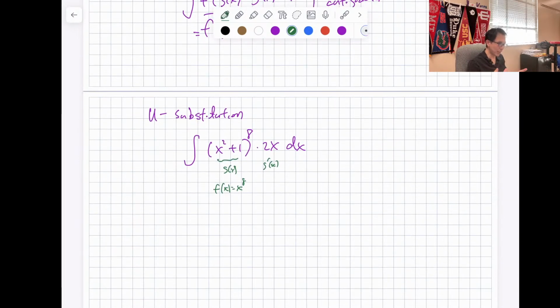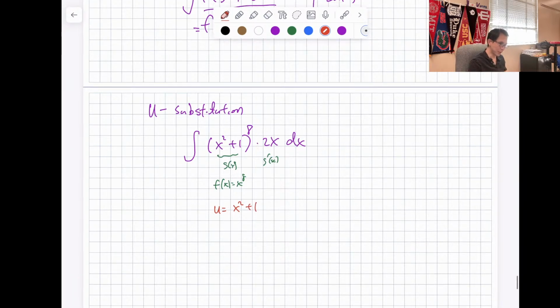So then what we're going to do is something called u-substitution. Now, this we're going to drag on the side. We're going to show you that this is actually what happened. But we're going to say u equals x squared plus 1. So this is the first thing, u equals x squared plus 1. So I would say, tips for u-substitution.